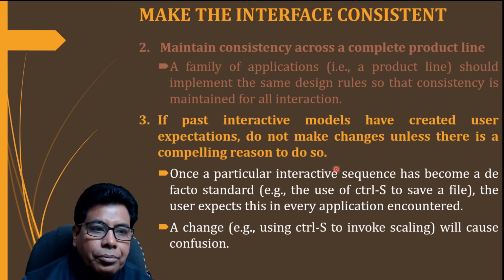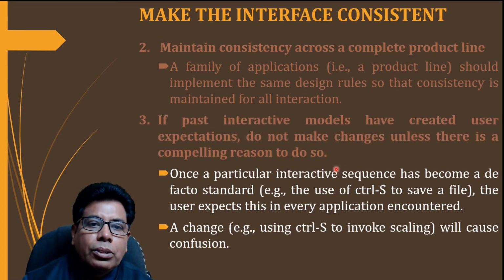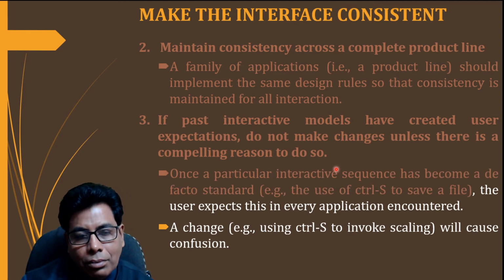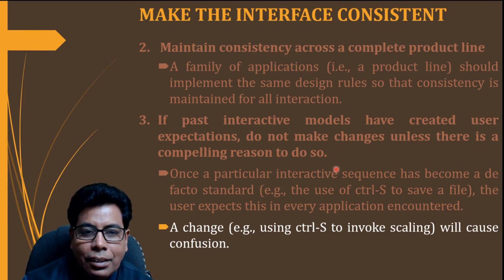Then the next rule is, if past interactive models have created user expectation, do not make changes unless there is a compelling reason to do so. For example, once a particular interactive sequence has become a de facto standard, for example, Control S, it is for saving the file.